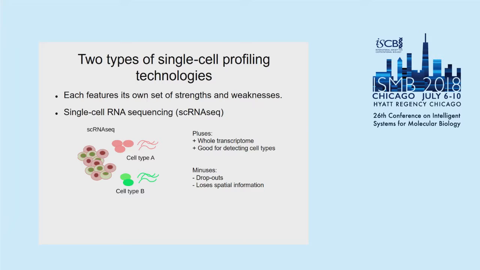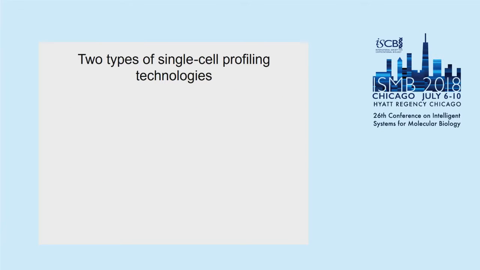The key limitation of single-cell RNA-seq is that it loses the spatial information, because these techniques require the cells to be dissociated. There are also other minor minuses, such as dropouts, which are often encountered in measuring particularly low abundance genes.